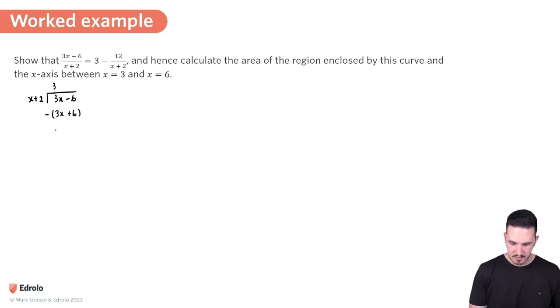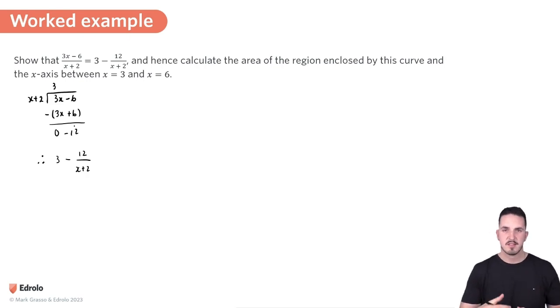So now you will notice, well, 3x minus 3x is 0. Negative 6 minus 6 is negative 12. So therefore you're left with 3 minus 12 on x plus 2. Because negative 12 is our remainder, that's always going to be divided by the divisor, what we're dividing by, so x plus 2. And you have 3 by itself, and the 12 again was negative.